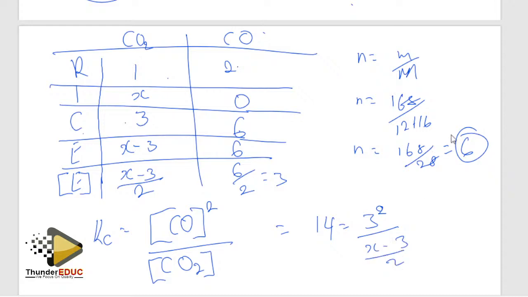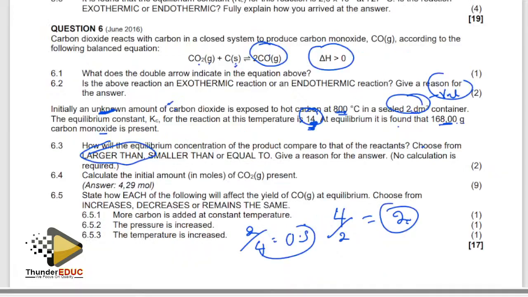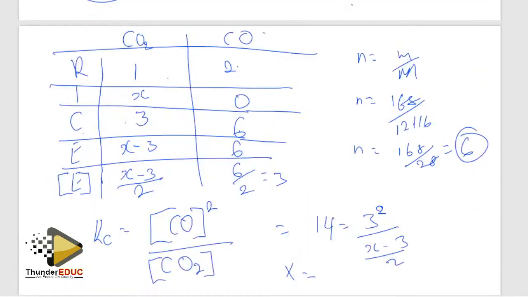Yes, so when you reciprocate, then you solve for x, and x must give you this number they have given you here. When you calculate, it must give you that number. So basically it's going to be that number, which is 4.29.